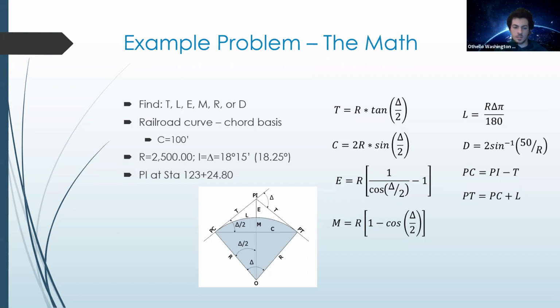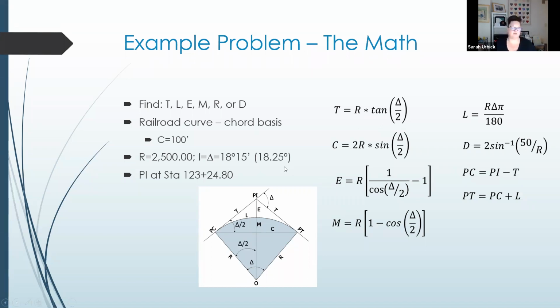Okay. So now that we have that length, we can do a lot of stuff, right? If we find our value for our tangential length, T, it's the radius times the tangent of 1/2 of our interior angle. 1/2 of that interior angle, I went ahead and put it in decimals.